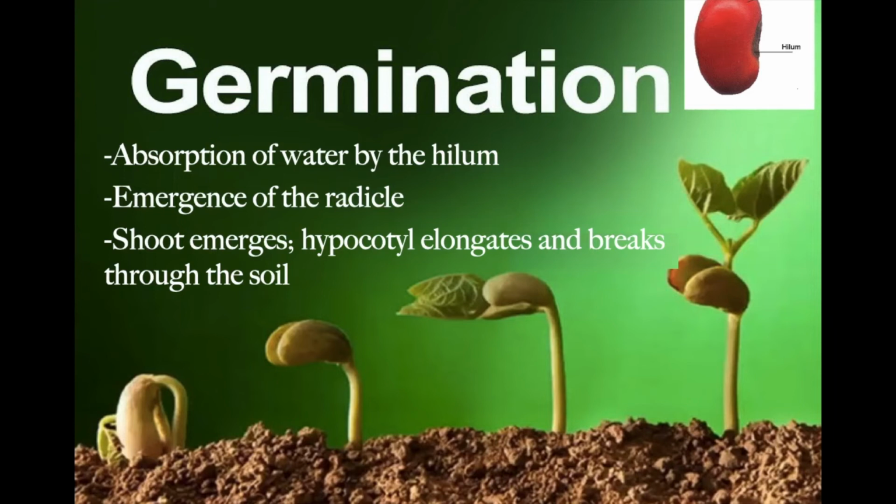Then you have the first leaves coming out amongst the cotyledon, and then the cotyledon kind of stays in the middle as the first leaves in the upper portion, the plumule and the epicotyl, start rising above the cotyledon.